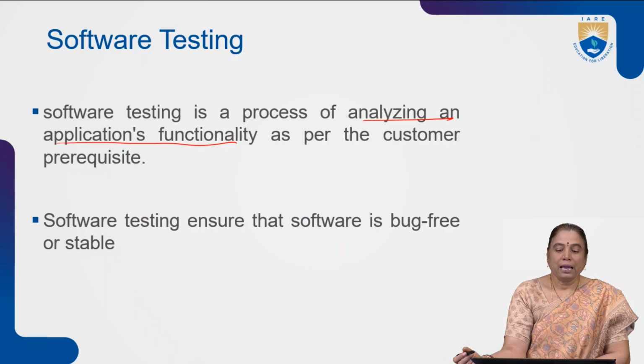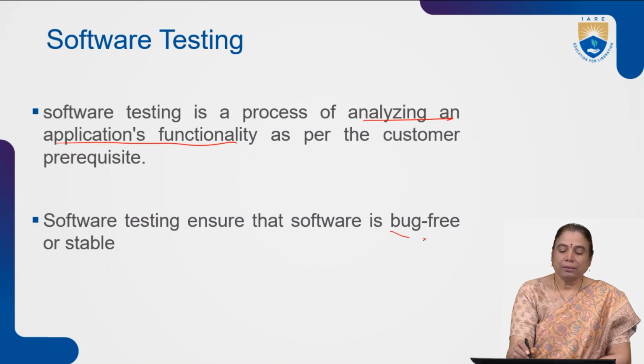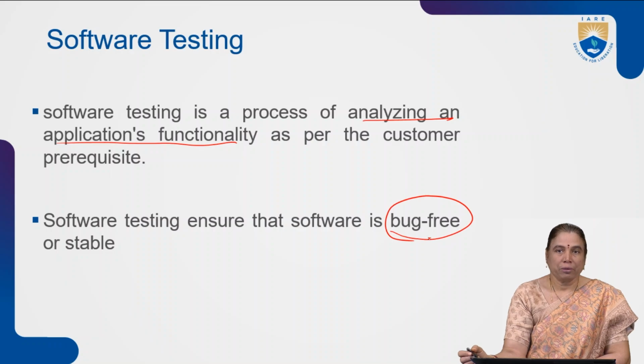Software testing ensures that software is bug-free or stable. The deviations from the software requirements are generally considered as bugs, and those bugs can be easily identified with the help of the software testing process.